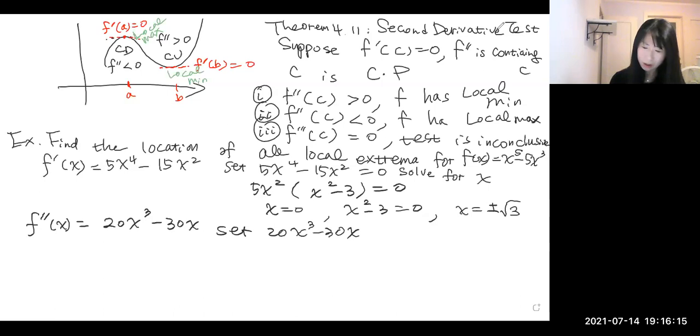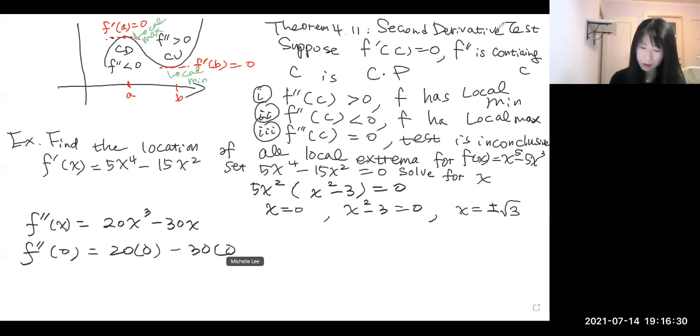We just need to plug in 0, right? So 20 times 0 minus 30 times 0, which is 0. Can you please do that for me?